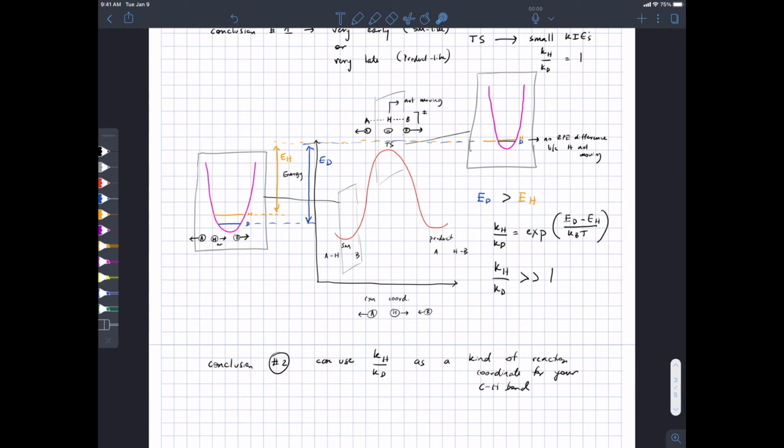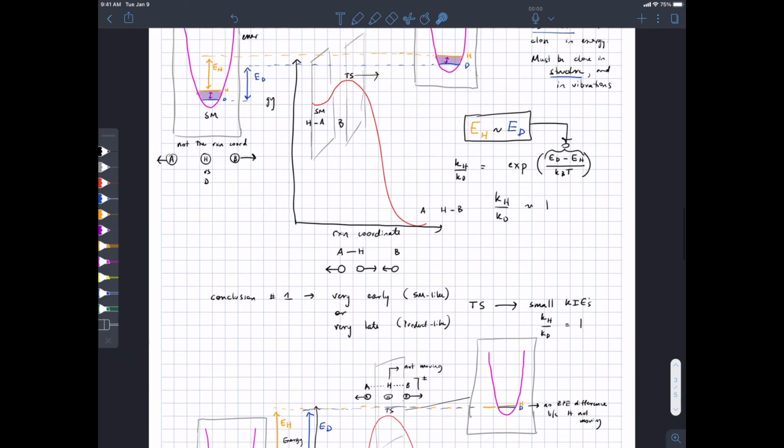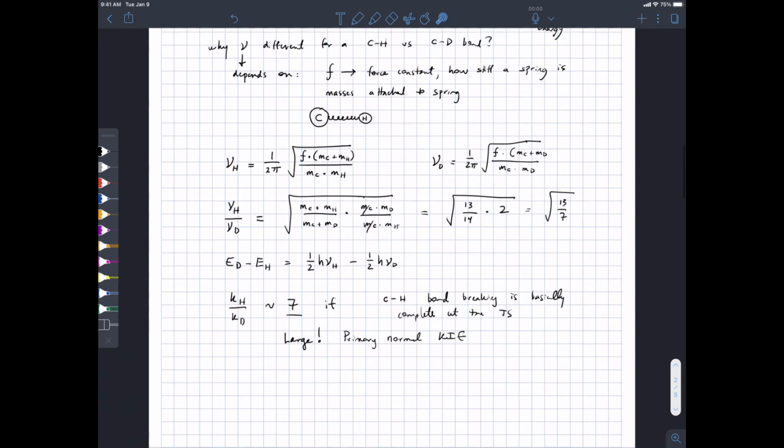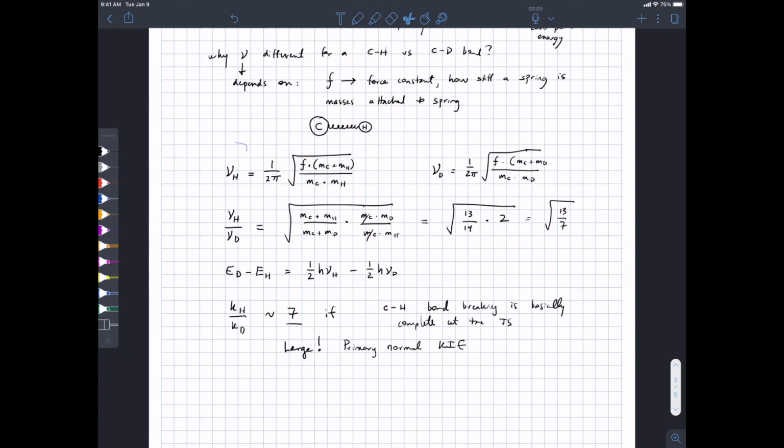So let's talk about secondary kinetic isotope effects. These are small but predictable. And again, we're going to have to delve a little bit into the world of bond vibrations. Okay, so I'm going to copy down this stuff.